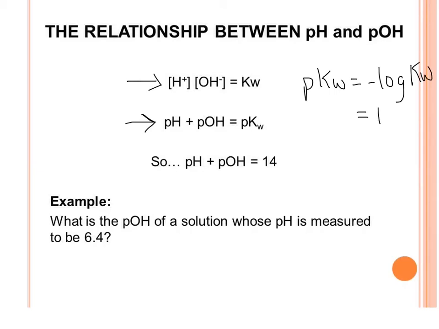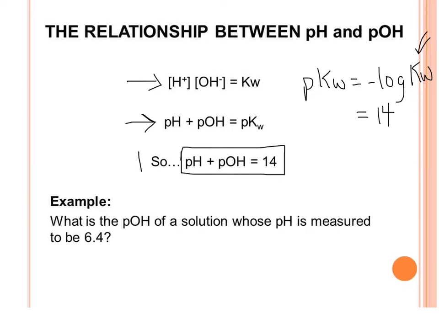This is equal to 14. If we plugged in 1.0 times 10 to the minus 14 for Kw, we would get 14 as our answer. So that means that pH plus pOH is equal to 14.